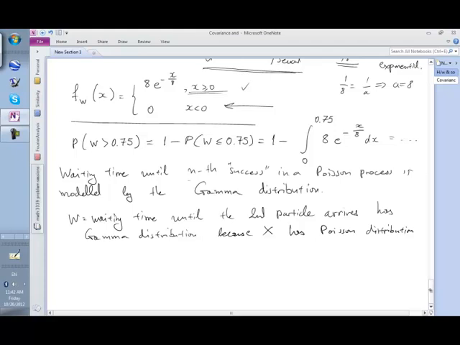The formula for the gamma distribution is given in table 331, so look at table 331 on page 178.